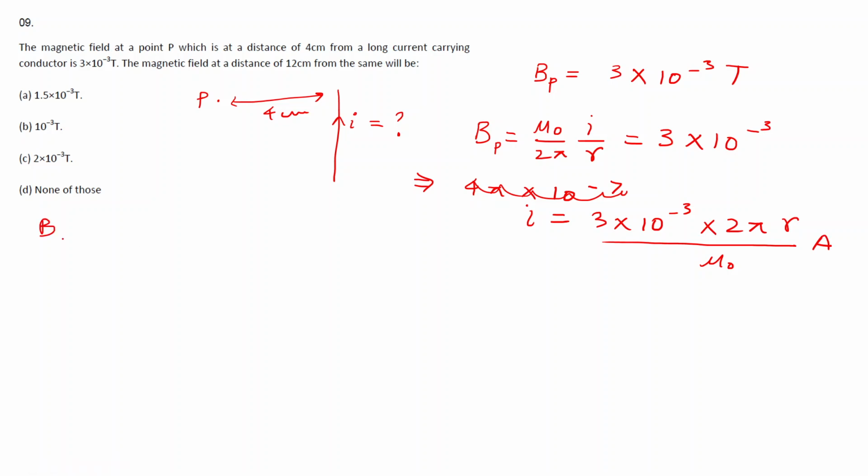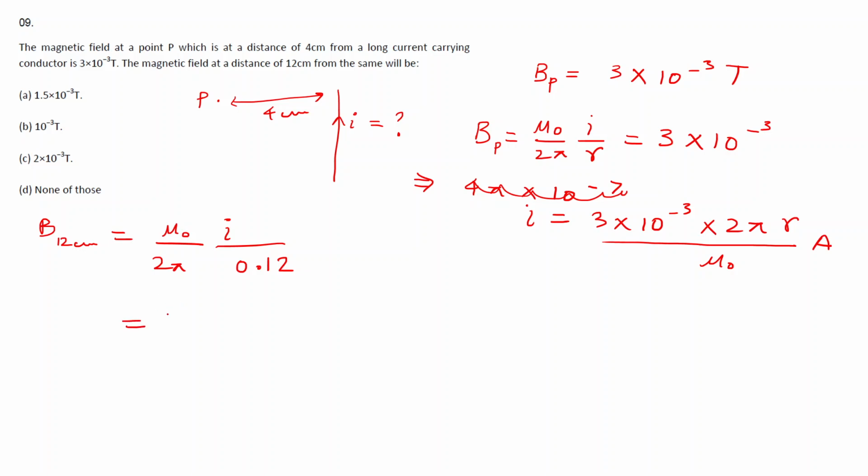Now the magnetic field at a point 12 centimeter away from the current carrying wire will be mu naught over 2 pi. The value of current I'll substitute. The distance is 12 centimeter, which is 0.12 meters.